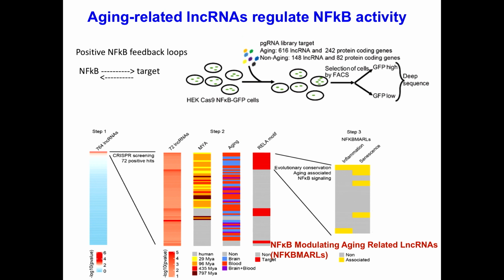Then through a CRISPR library screen, we also found that many of those lincRNAs also feedback-regulate NF-kappa B, forming a vicious inflammatory cycle, or positive feedback. Once it's set on, it's very difficult to set off.